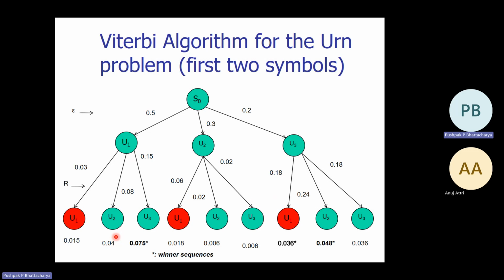Okay, so what threatened to be an exponential algorithm reduces to a linear algorithm, linear in the length of the path and quadratic in the number of states. Quadratic because you will have to carry out a max operation for the number of paths, which is equal to the number of states.